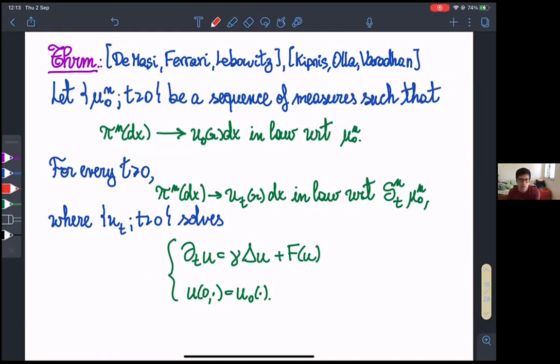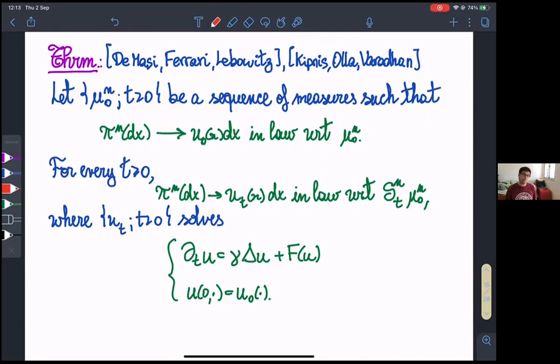So notice that since the number of particles is bounded by 1, if you approximate some measure, this measure necessarily has a density with respect to Lebesgue measure, and the density is necessarily bounded between 0 and 1. Okay, so then I can just write this limiting measure as u0(x) dx.